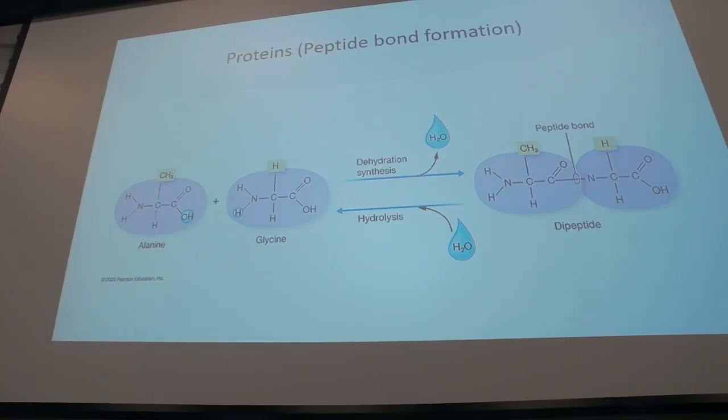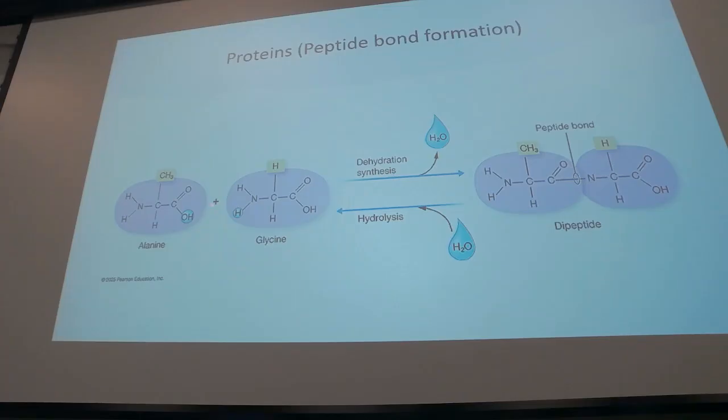So the monomers of proteins, which are amino acids, can be joined together through peptide bond formation. So in here we have alanine, and then here we have glycine. So you remove water to join them.